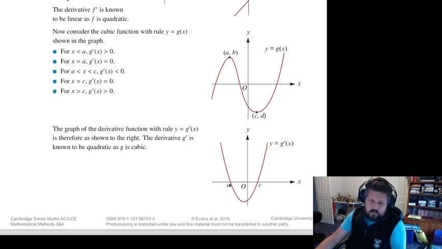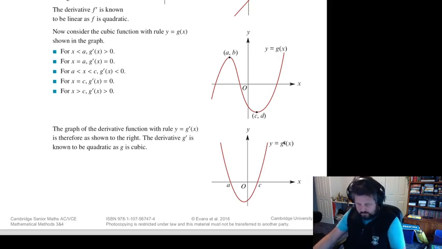You can see here, between A and C, it's all below the x-axis. Likewise, to the right of point C, it's got a positive gradient. So from here, it's above the x-axis. Yeah. So that's the way you really need to think about these things when you go about sketching them.